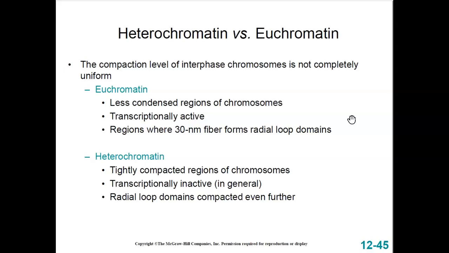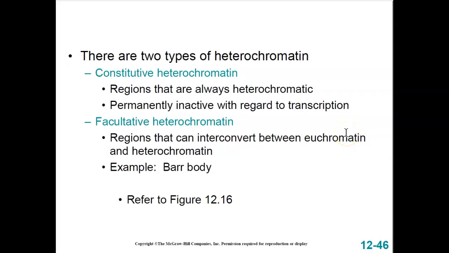Now, heterochromatin are tightly compacted regions. No genes are transcribed here. They have tight compaction. Those radial domains are super coiled even tighter. So if you stain these chromosomes, heterochromatin looks really dark and euchromatin looks really light in comparison.